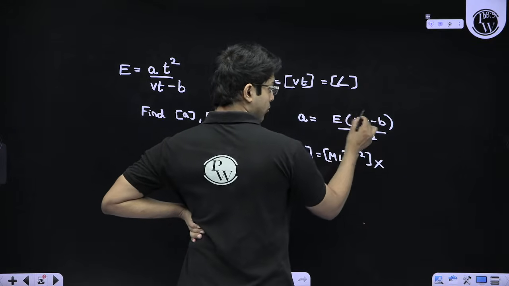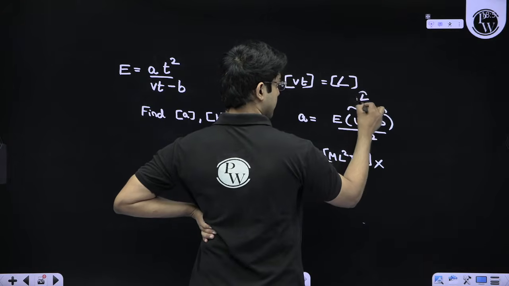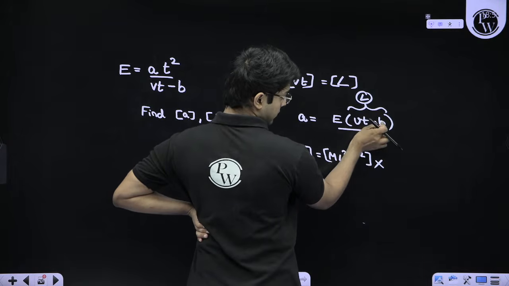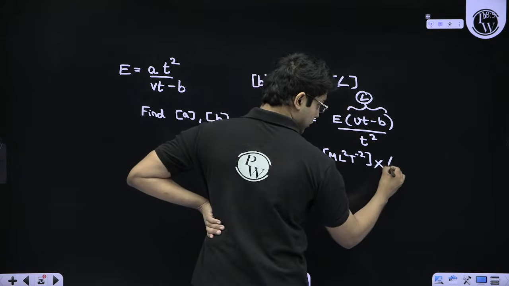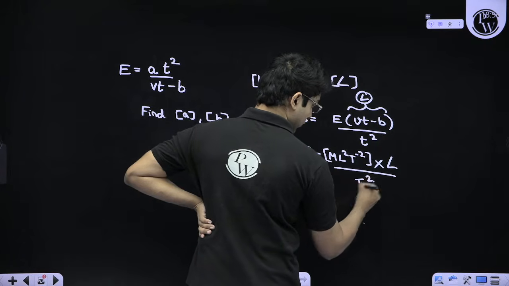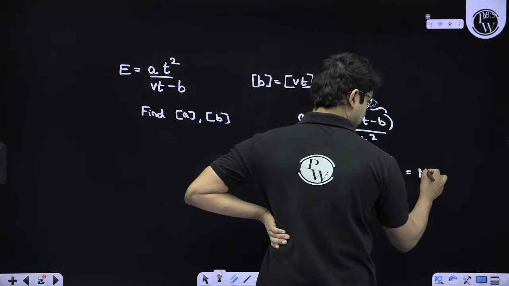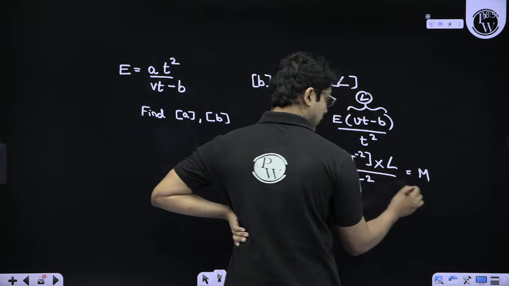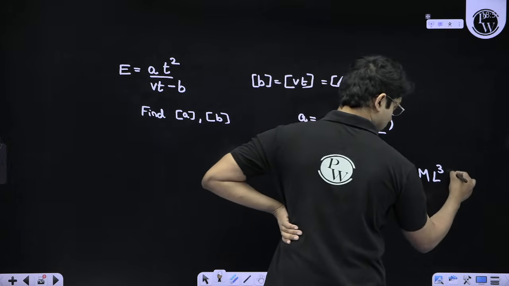Now, how do we write the dimension of this bracket? This whole bracket is simply a length, right? This is a length minus length, so this whole thing will also be a length. So its dimension will be L divided by time square. So this will be M raised to 1, L cube, T raised to minus 4.